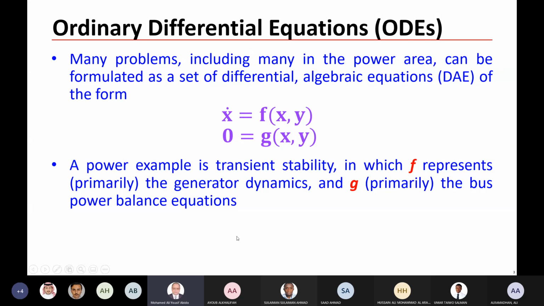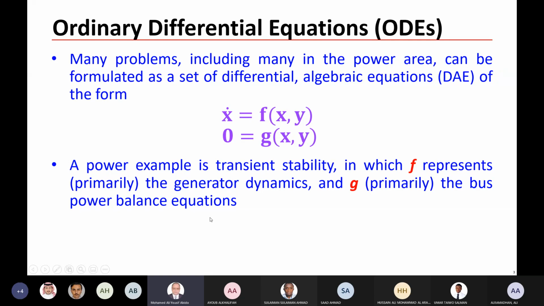The power example is transient stability, in which f represents primarily the generator dynamics, the swing equation, and g primarily the bus power balance equation. And you can have the dynamic model of the machine and also the power balance.